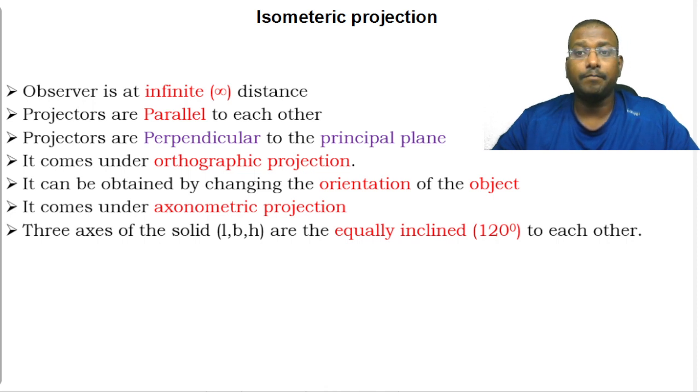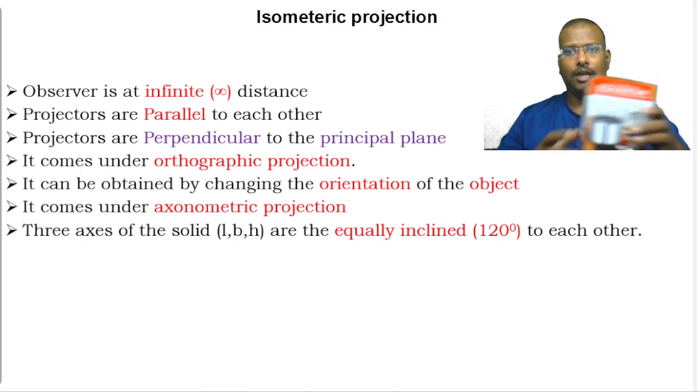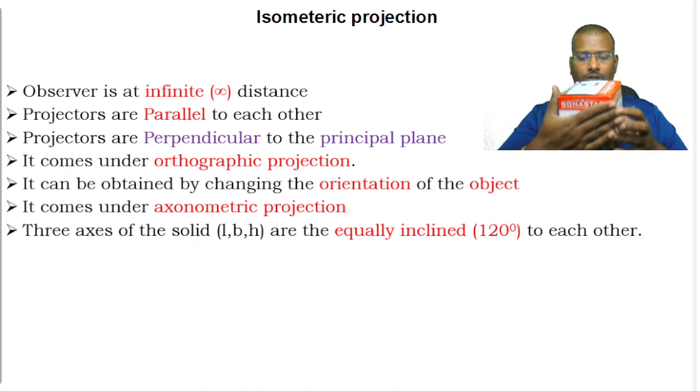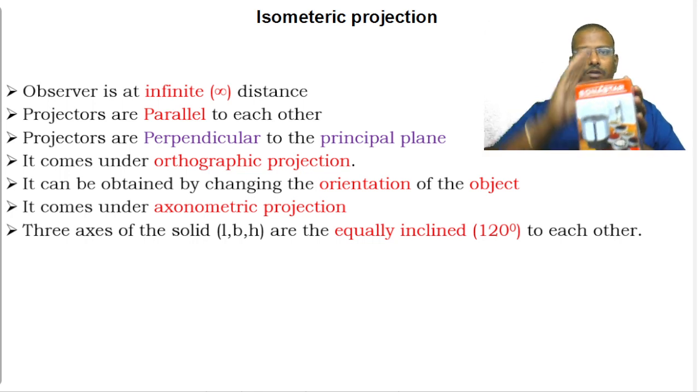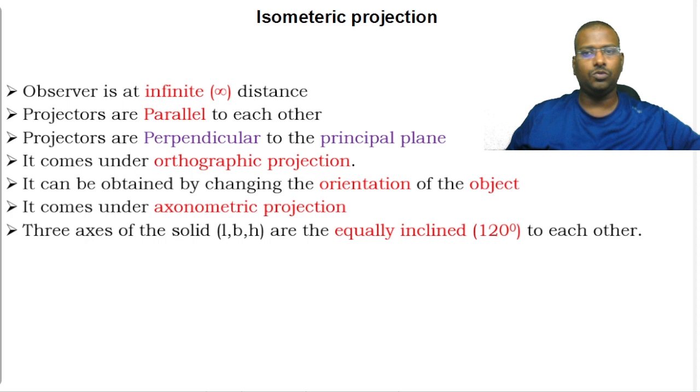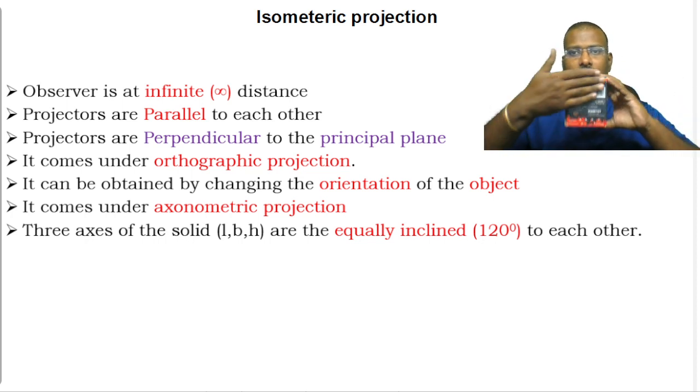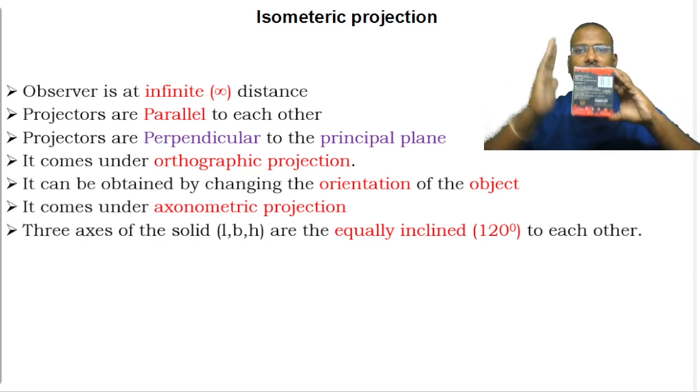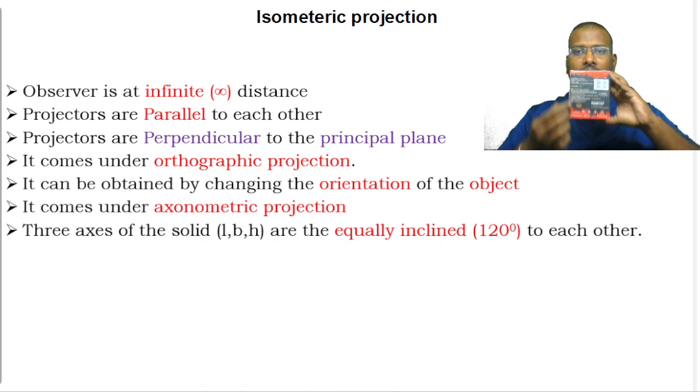Good, sir. But how to get this isometric projection? This is also important. So let us consider an object. This is the front of the object, top, side. These three elements are there. This is the front face, top face, side face: height, length, breadth.